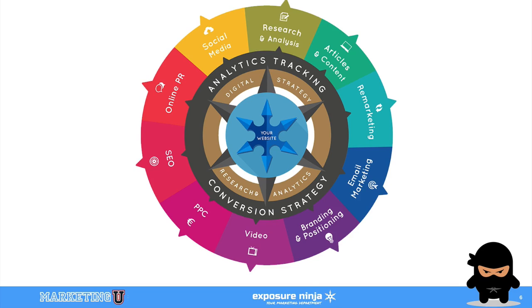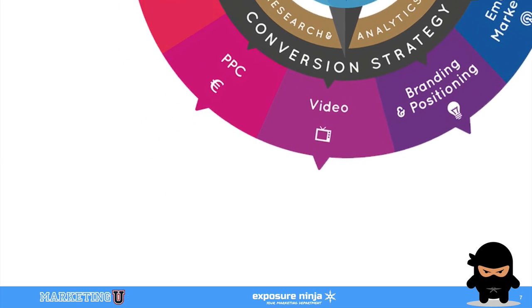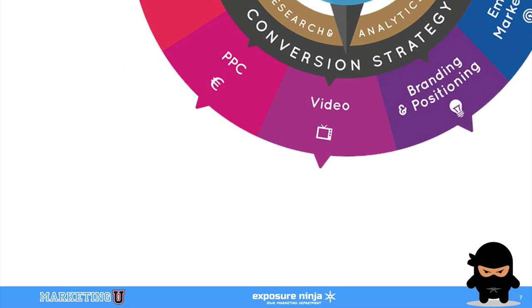If you generate huge amounts of traffic, and we see this all the time, but your site is underperforming, if it's not turning that traffic into customers, then it's pointless. You may as well drive a small amount of traffic and convert lots of it, and you'll end up being better off. So this whole thing about conversion strategy is really, really important, and actually it's fundamental to the success of the business.